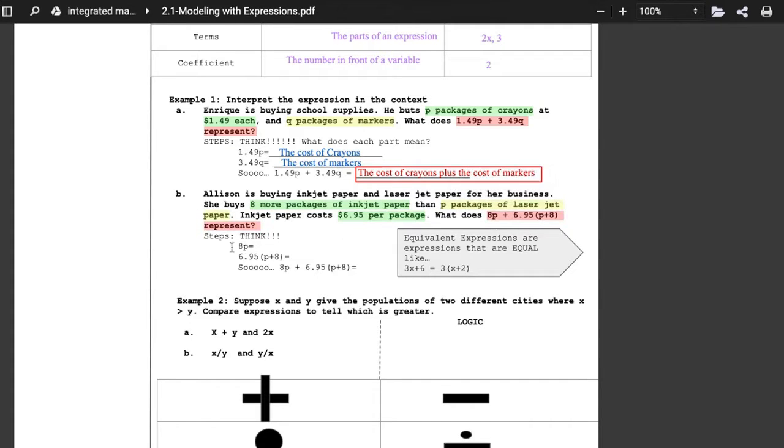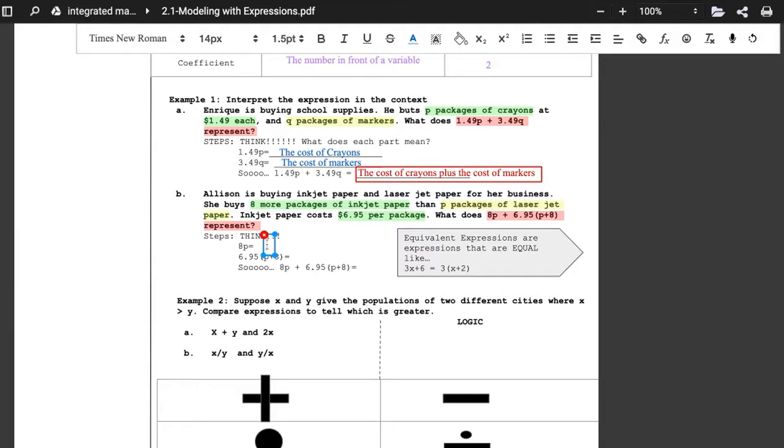And so I'm going to say 8P represents 8 packages of LaserJet paper because there's a P and there's an 8. Usually when we have a number in front of a variable, actually always when we have a number in front of a variable, it's like the amount of that thing. So 8P would be 8 packages of LaserJet paper.